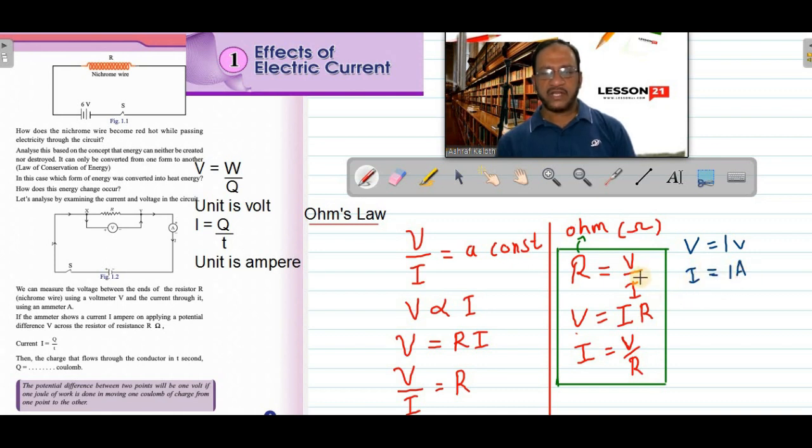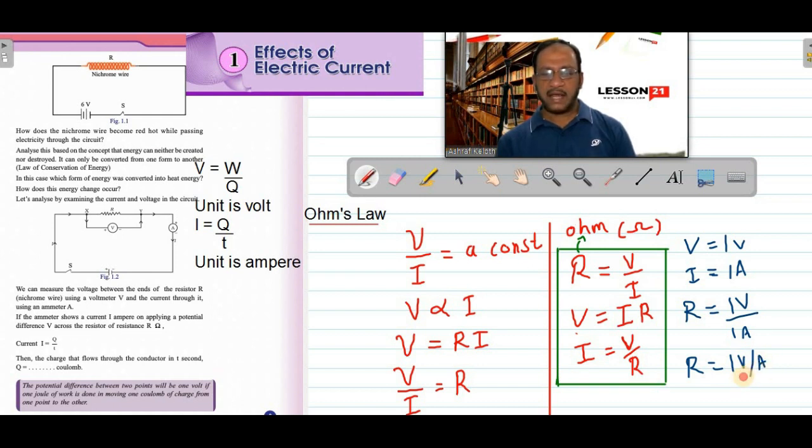Then from R is equal to V by I, we apply 1 volt divided by 1 ampere. So 1 by 1 is equal to 1, which means R is equal to 1 volt per ampere.